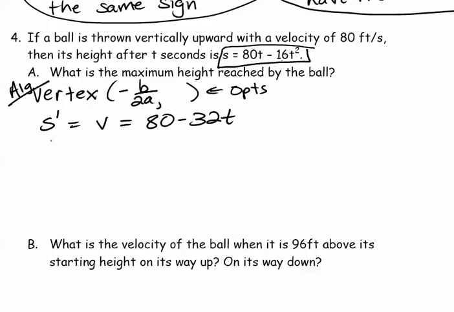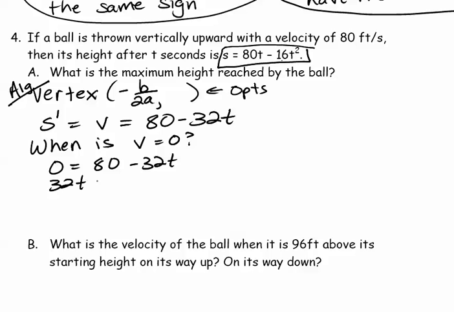So let's find out when that is equal to 0. You don't have to show each of these steps. We divide by 32, and we can divide that by 16, and get 5/2 seconds. And that's when it reaches the maximum height.